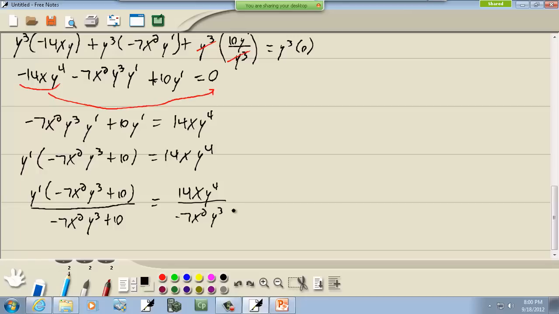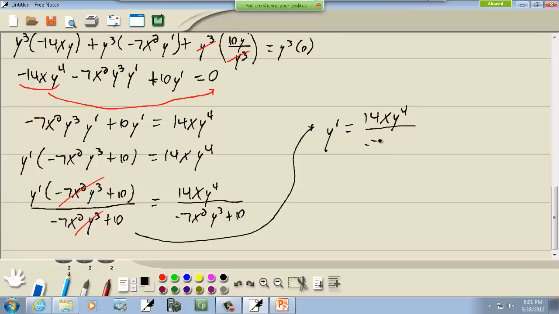Over on this side, these cancel. And we get y prime is equal to 14x y to the fourth over negative 7x squared y to the third plus 10.